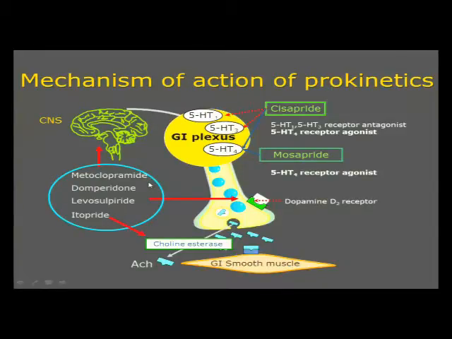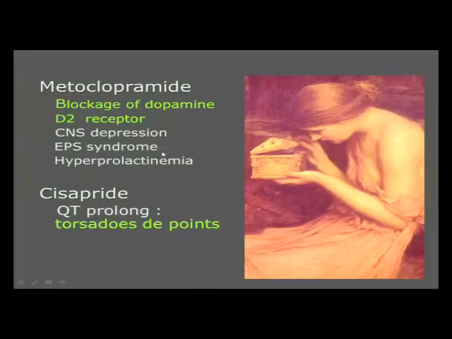Metoclopramide, domperidone, levosulpiride, and itopride act as D2 receptor antagonists, and are alternative prokinetic agents that can be used in patients with upper GI disorders. But these drugs also have special influences on the CNS.